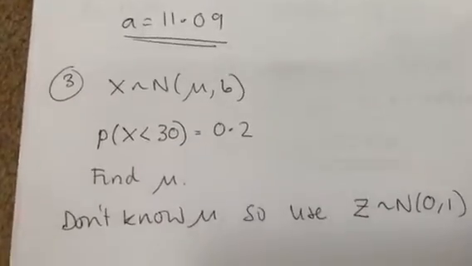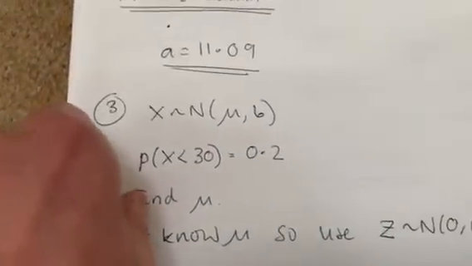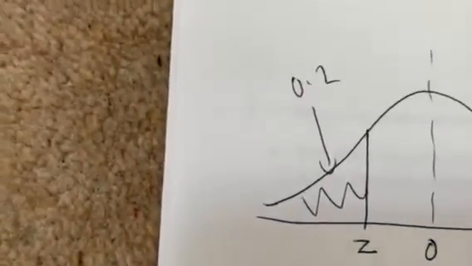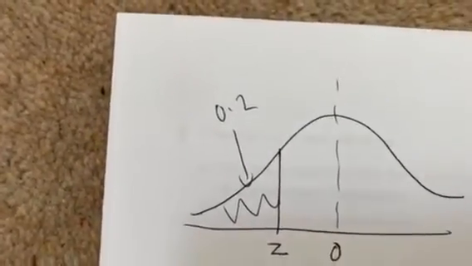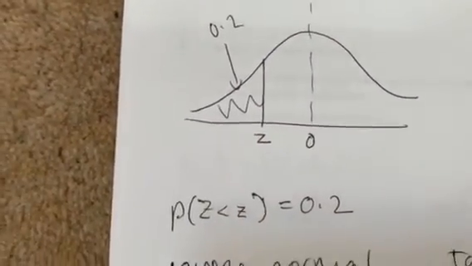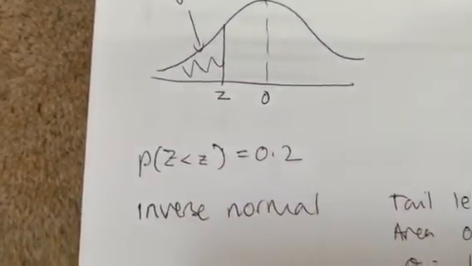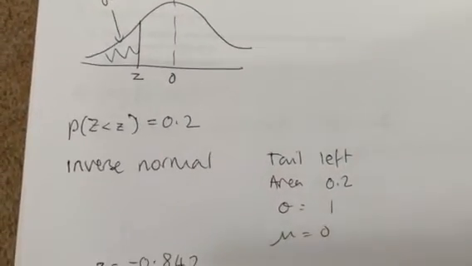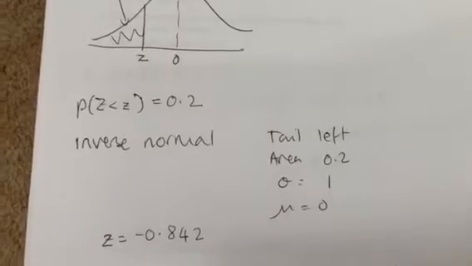I don't know mu, so I'm using my standard normal distribution with mean 0, and I'm going to find the value of Z. I use my inverse normal, with a left tail, area 0.2, standard deviation 1, mean 0.